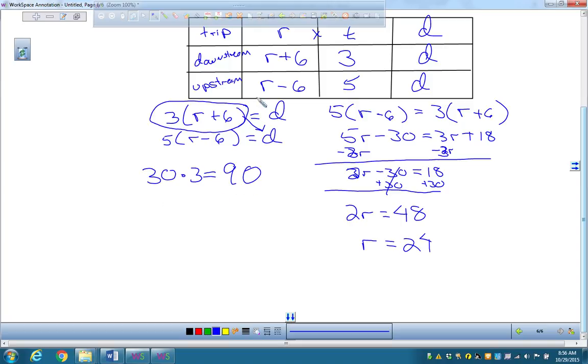Upstream, he's going 24 minus 6, which is 18 times 5 hours. 90, and it checks out. You want to check your answers. So his rate is 24 miles per hour. If the boat were just going in still water, he'd be going 24 miles an hour.